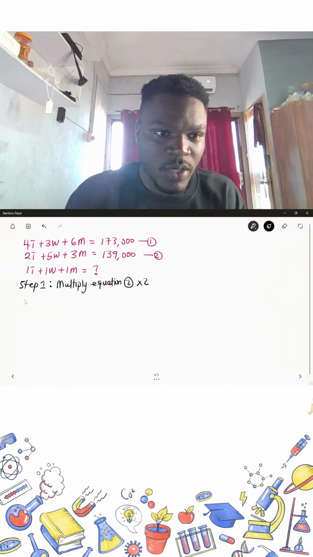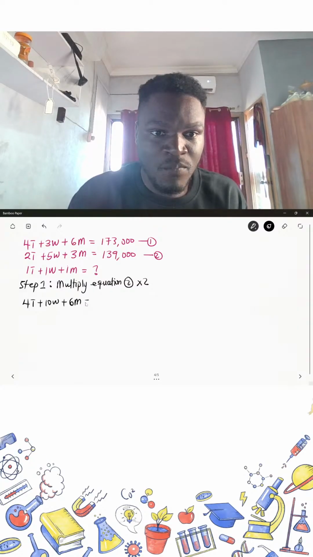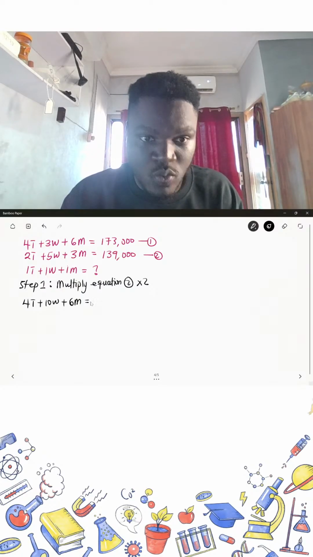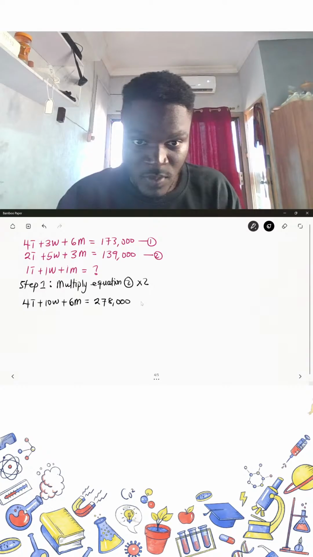If you do that, you will get 4t plus 10w plus 6m is equal to 139,000 multiplied by 2, which gives us 278,000. So this becomes your equation 3.